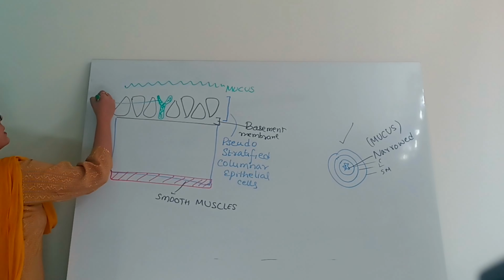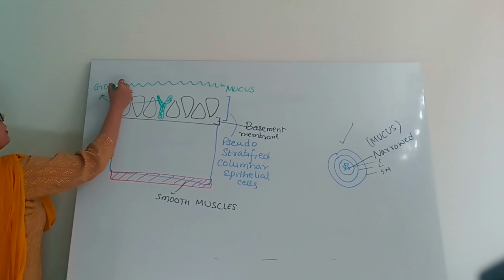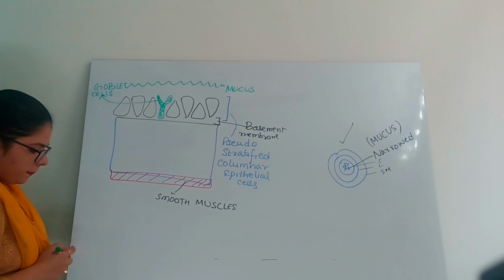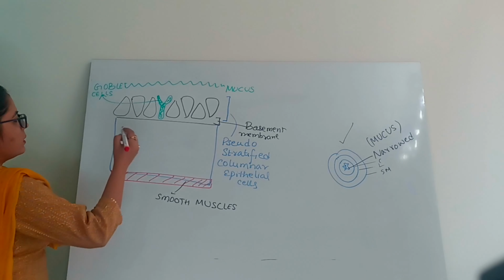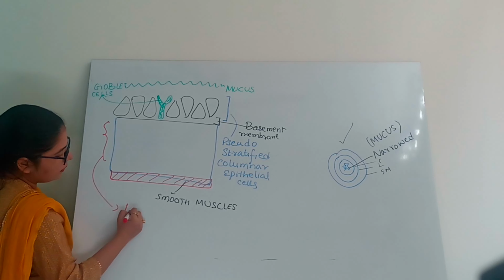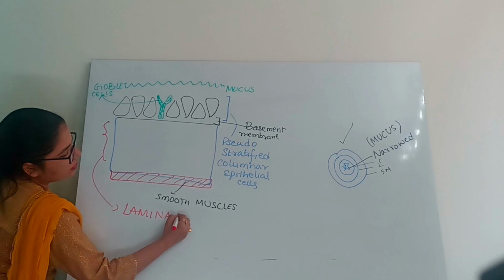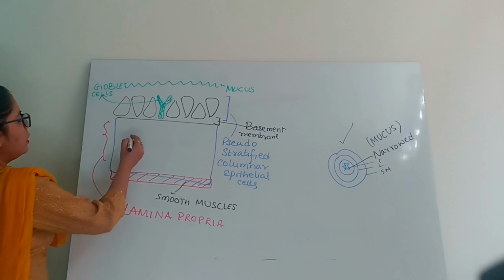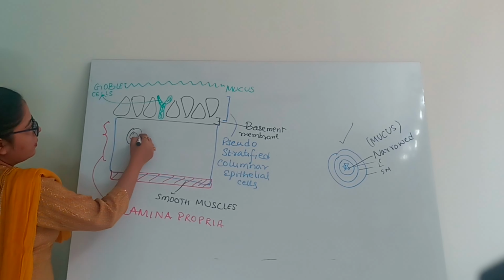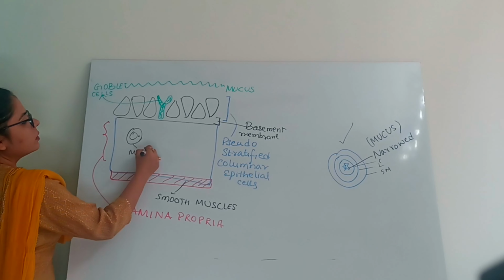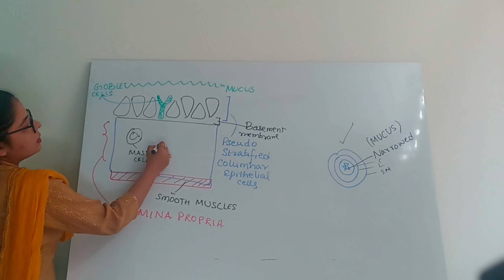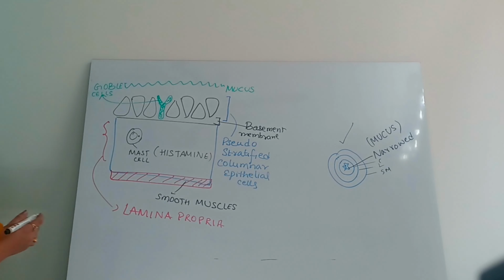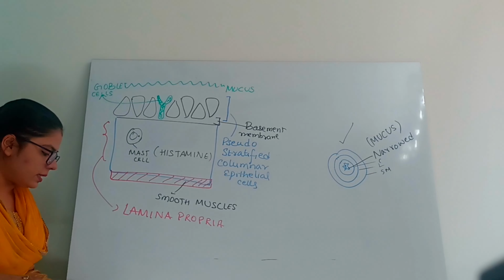And these are the goblet cells, which are responsible for the secretion of mucus. In the lamina propria, this portion is called the lamina propria. Here we have mast cells. The mast cells are responsible for secretion of histamine, correct? So this is how a normal bronchiole looks.